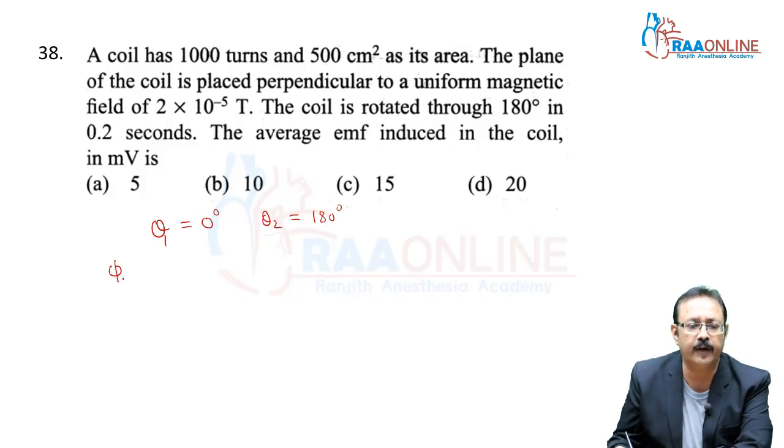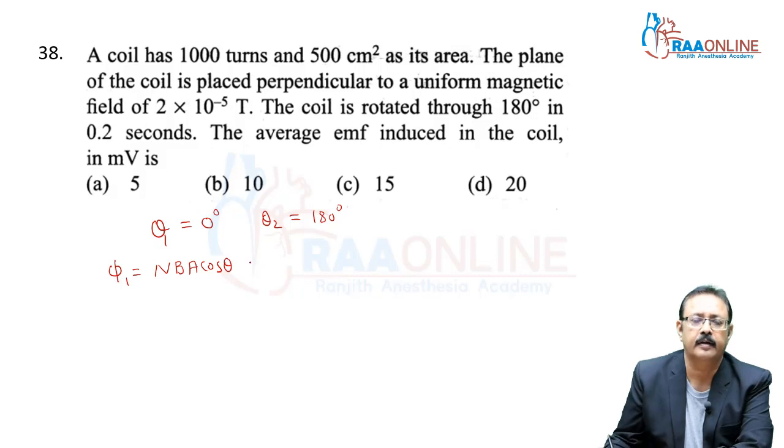First we calculate phi 1. What is the formula for phi? NBA cos theta. Theta was 0 degree, so it was NBA. When you rotate the coil by 180 degree, flux will change. Now theta is 180, cos 180 is minus 1, so we will get minus NBA.